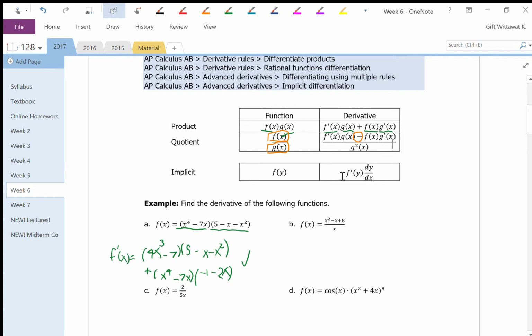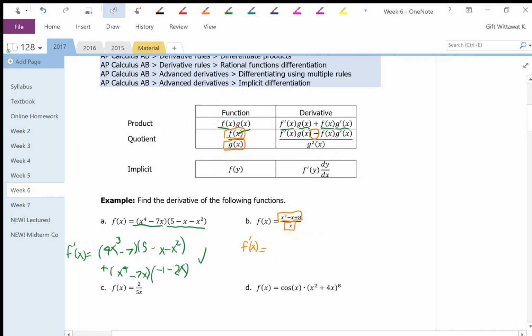So if I were to use this formula, I have here a quotient of two functions. For the derivative of this function, I can just go ahead and use the formula.